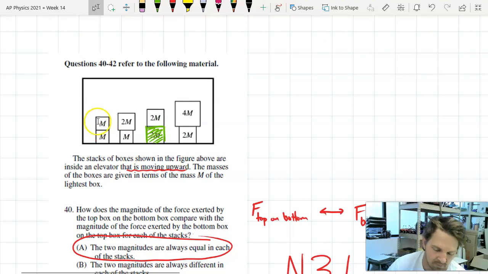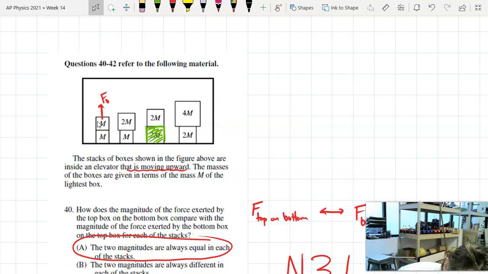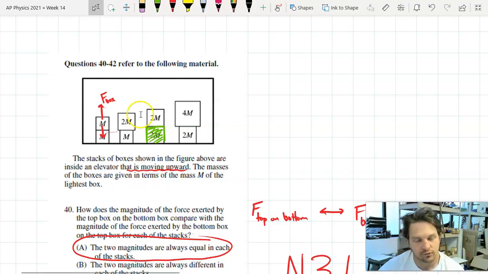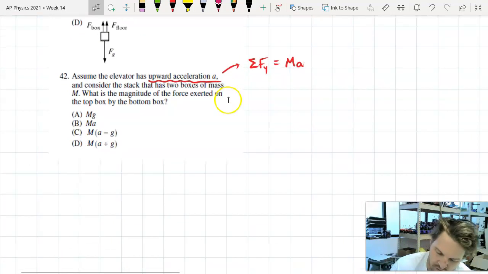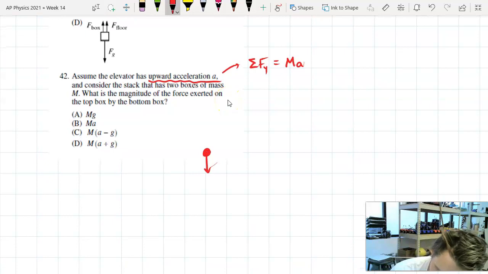We're just dealing with the top box. The top box has a force of the box pushing up on it, and then its force of gravity going down. So it only has 2 forces right there. So it would look like this. Force of gravity. I know it's accelerating upwards, so this one's going to be bigger.